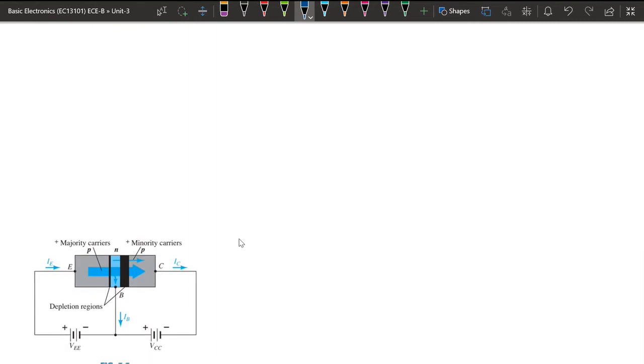So this is forward bias and this is reverse bias. So the overall current flowing is because of the minority carriers as well as the majority carriers. The majority carrier current will be of high magnitude, and the minority carrier current will be of low magnitude. Okay, so it will be in this direction only.